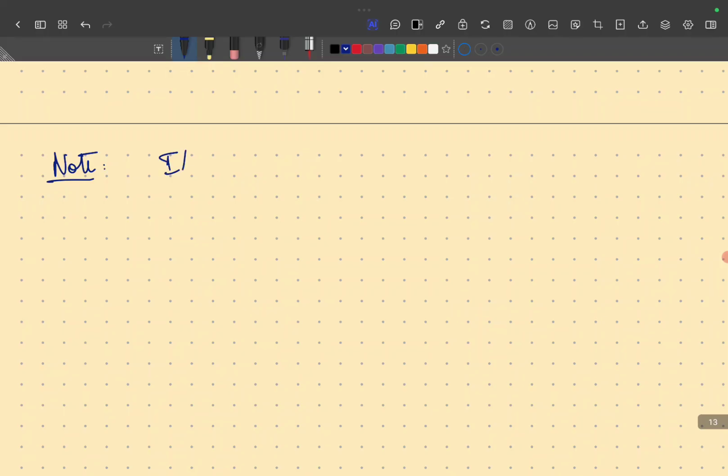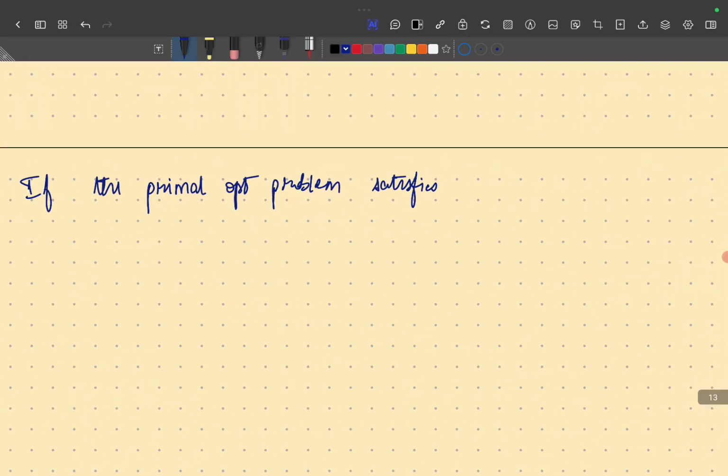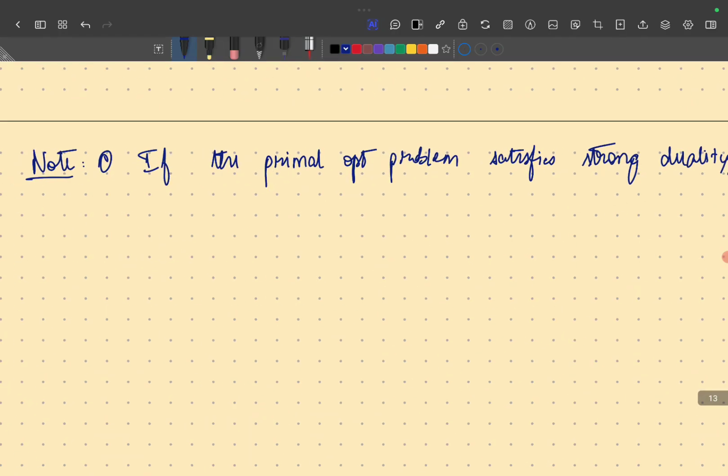So in general, if the primal optimization problem satisfies strong duality, then the KKT conditions are only necessary.